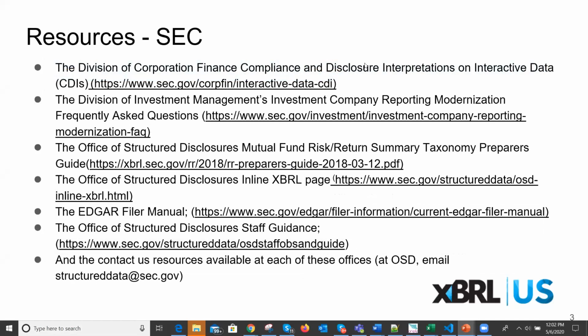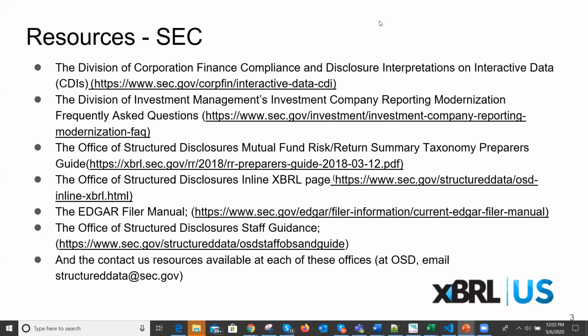So I'm also going to mention that there are a number of resources, and Mike Willis has kindly given us links to a number of different resources that the SEC is offering, including interpretations on interactive data from the Division of Corporation Finance, also the Division of Investment Management's Investment Company Report Modernization FAQ.